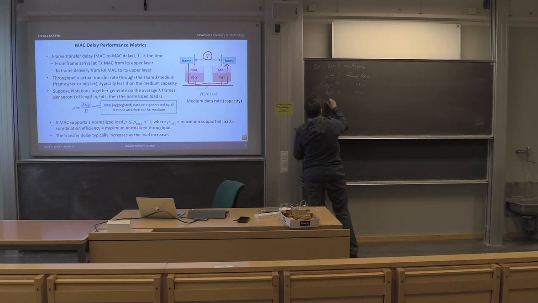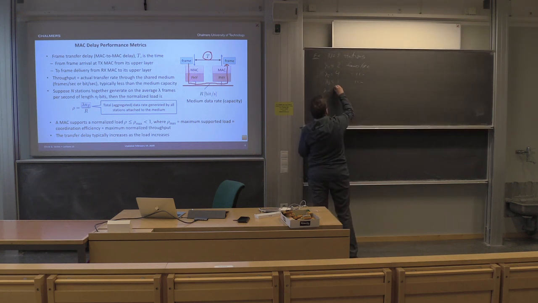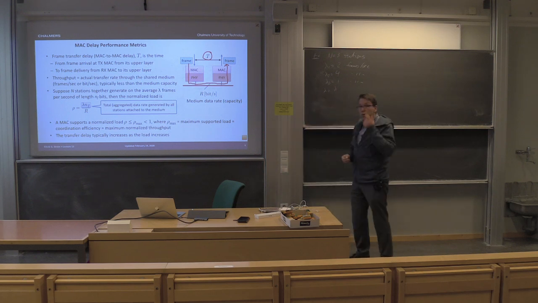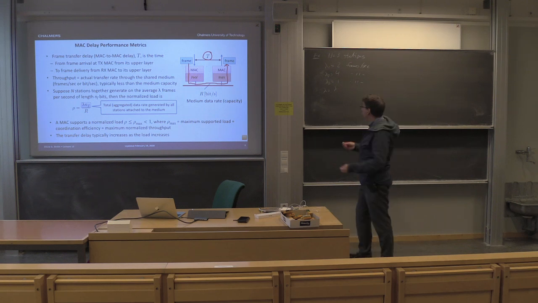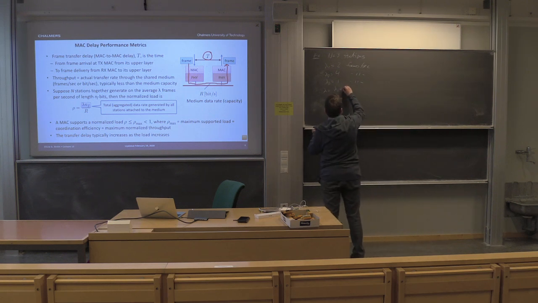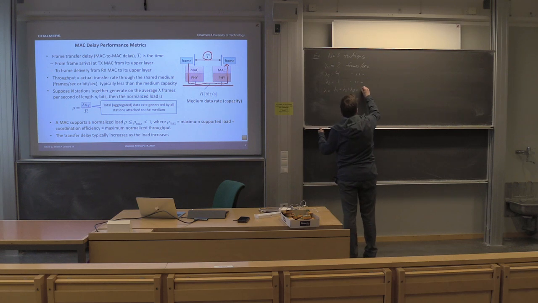Then lambda, the total load, or the total number of frames generated in this system which use the same medium, is simply the sum of all of these. So in this case, it would be 7 frames per second.